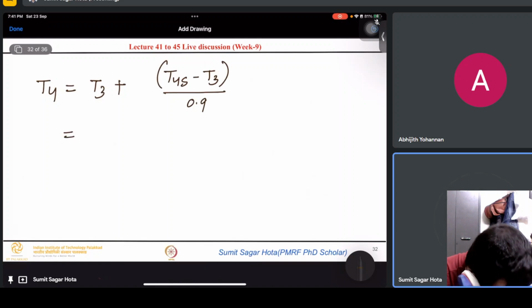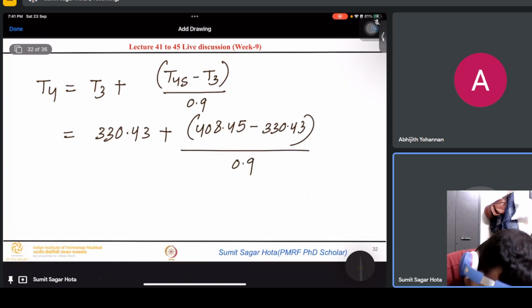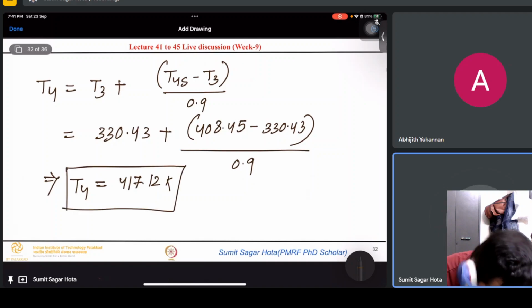So T3 is here 330.43 plus T4s 408.45 minus T3 330.43, divided by 0.9. So what is your T4? 417.12. Okay, so now we get T4.